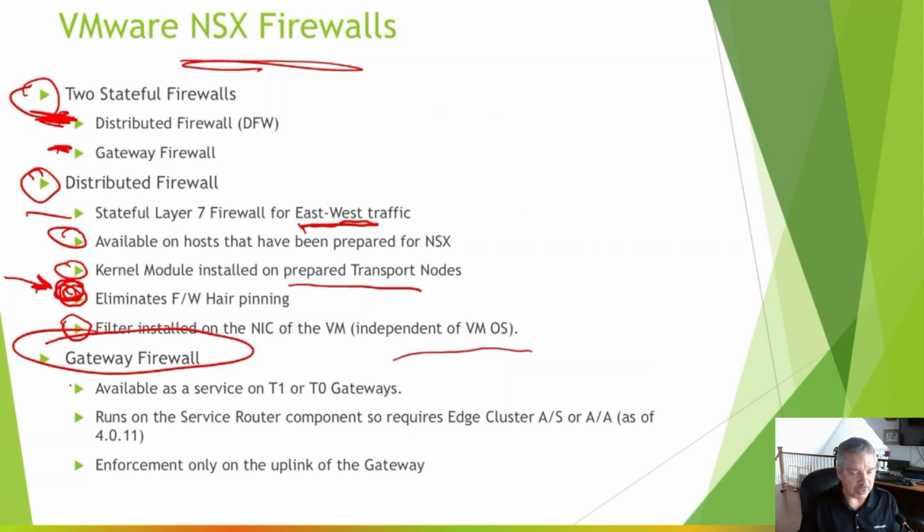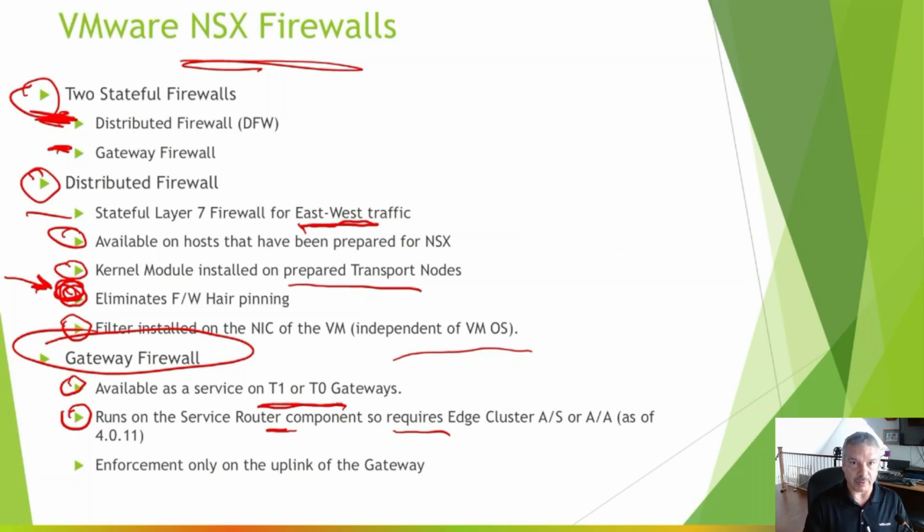Again, it's a service on your Tier 0 or Tier 1 gateways. If you don't know what a Tier 1 or Tier 0 gateway is, you need to look at that routing stuff, okay? It runs on the service router component, so it requires an edge cluster. Now, if you didn't look at that NSX routing lecture and video I had, you need to understand that, because when we talk about gateways, they have these components.